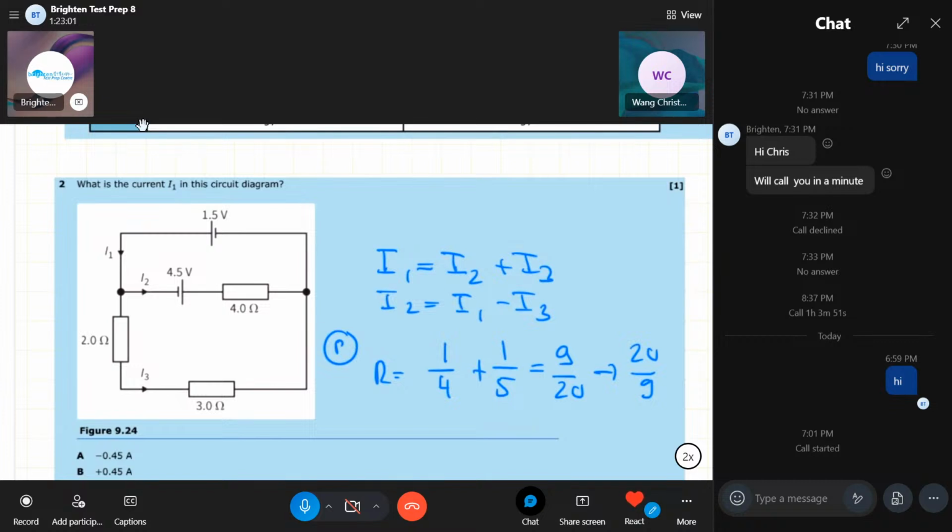Because the first loop also has I2, which also goes through another electric cell. So we can't use 1.5 for both. Okay.